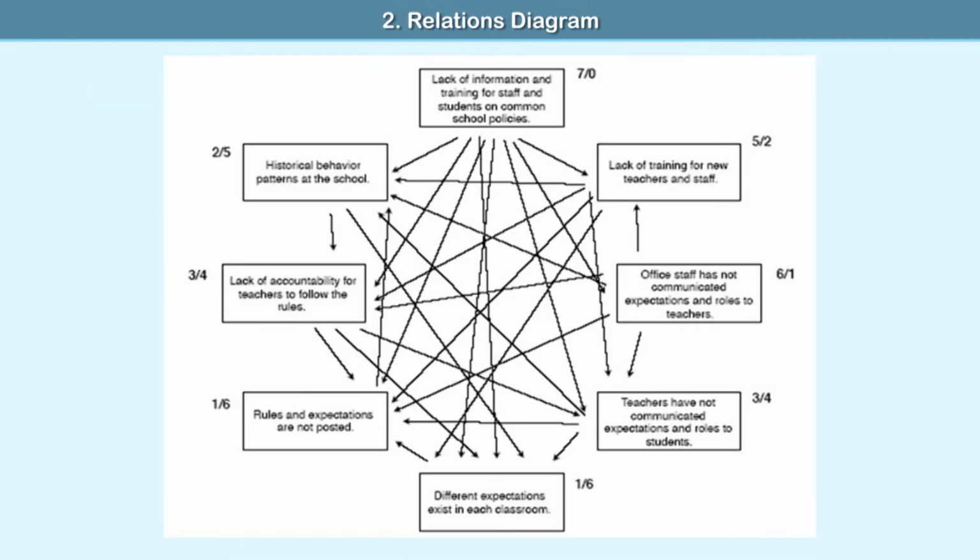As was told earlier, in the relations diagram, the stronger cause is depicted with the arrow pointing away from the cause. In this example, lack of information and training for staff and students on common school policies is the number one driver, followed by office staff not communicating expectations and roles to teachers.